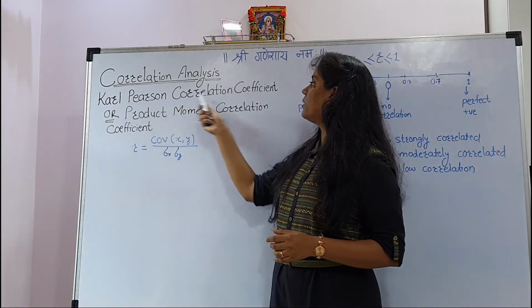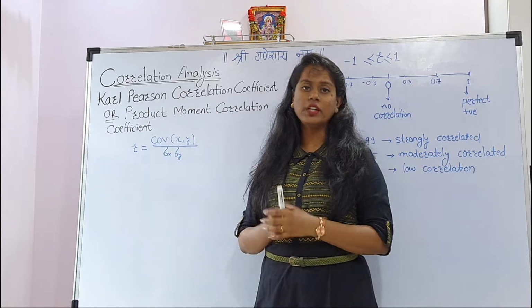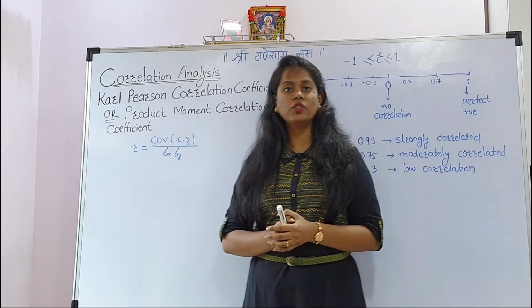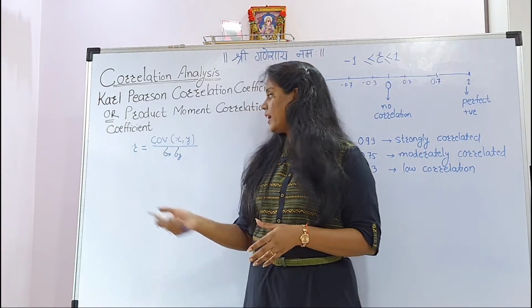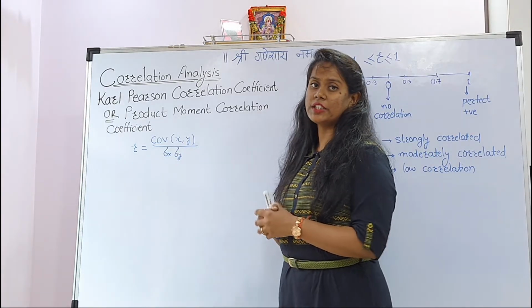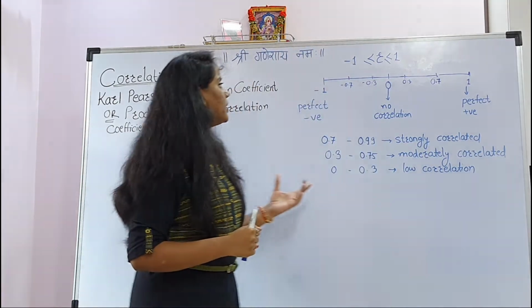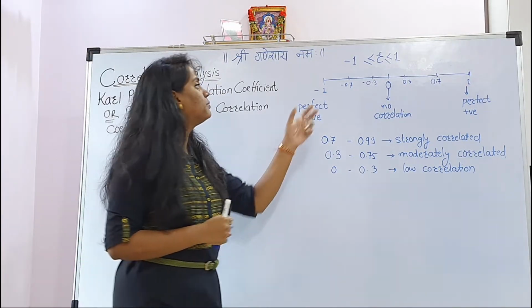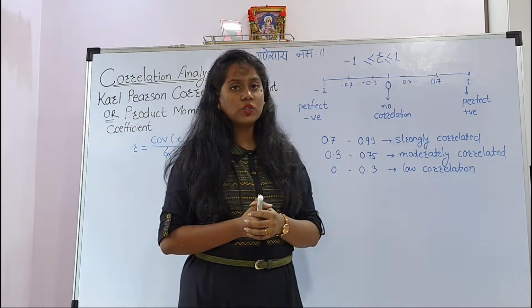The second method is Karl Pearson's correlation coefficient. This method is also called the product moment correlation coefficient and is defined as r equals covariance of xy upon sigma x into sigma y. Now here the value of this correlation coefficient always lies between -1 and +1.